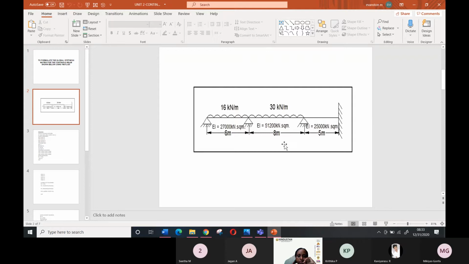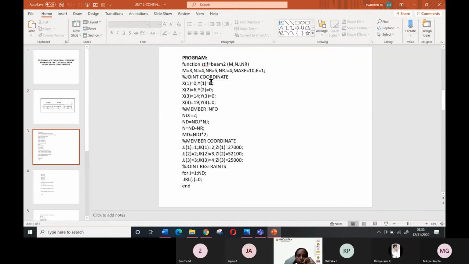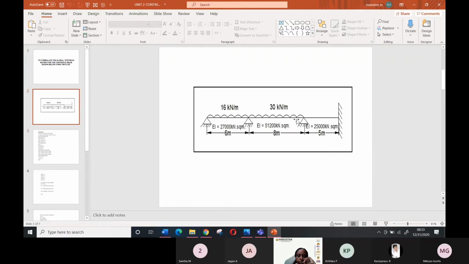So we have started with the problem. The computer won't know the length of the member, the properties of the member, or how much load is applied, so we have to give these as input. What are the inputs?